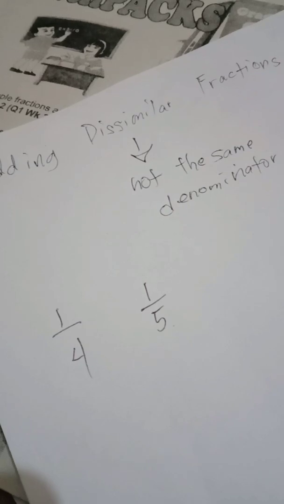I'll give you an example. For example, 1/4 and 1/5. As you see, the denominators are 4 and 5. So the denominators are not the same.